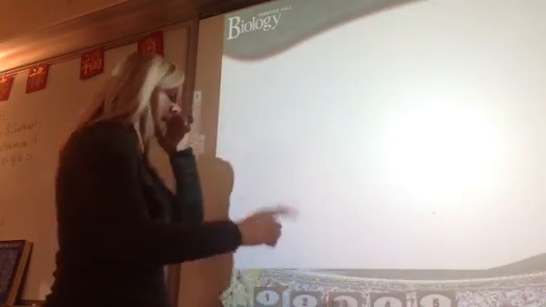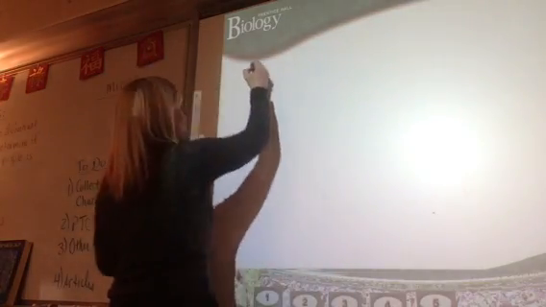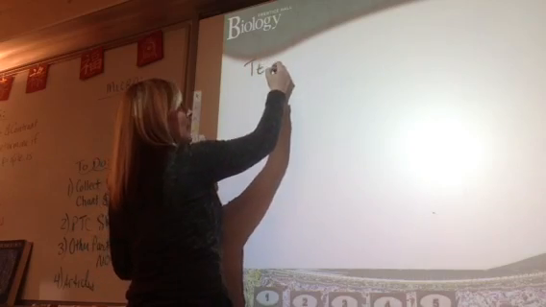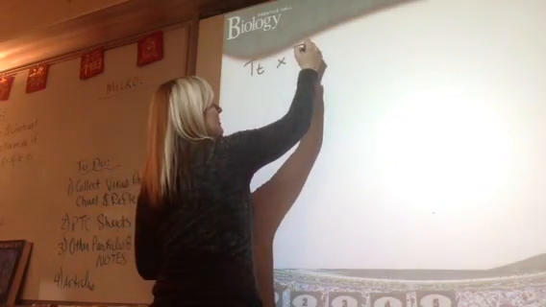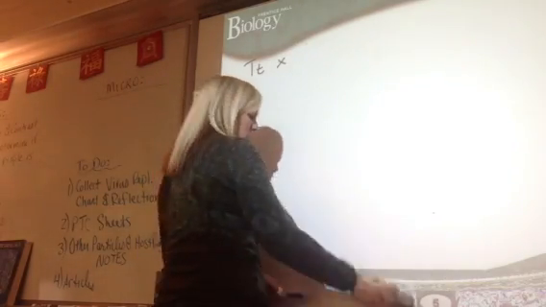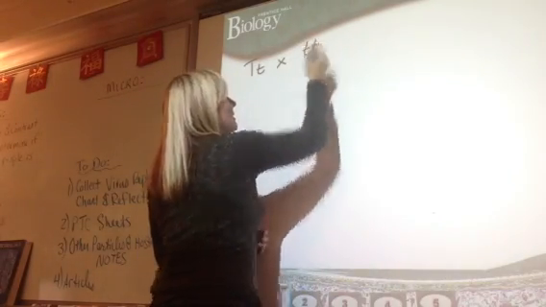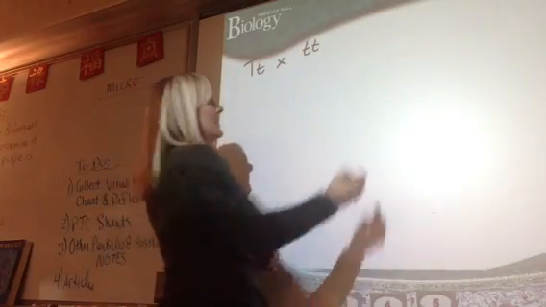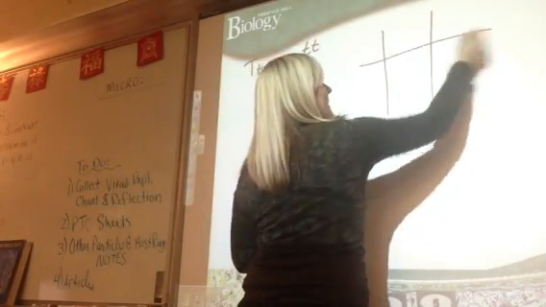Okay, here's what we're going to do. This time, let's try capital T, lowercase t, heterozygous parent. Now let's do homozygous recessive. I set up my Punnett square.